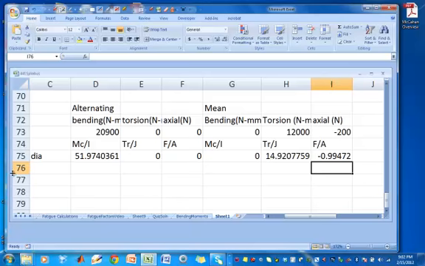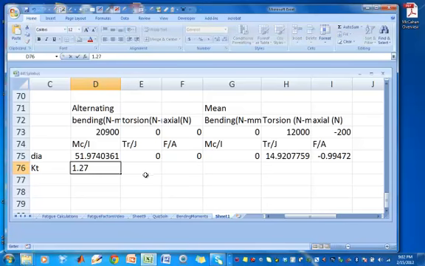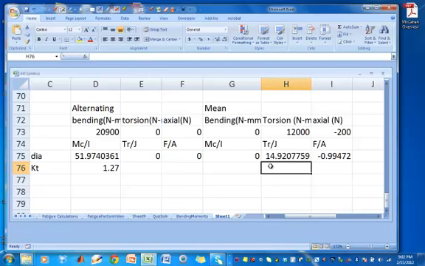Okay, now we have to compute the stress concentration factor, Kt. You can go look it up, and it turns out to be, let's see, Kt for bending is 1.27, Kt for torsion is 1.06, and Kt for axial, you might get slightly different numbers, but you will be close.